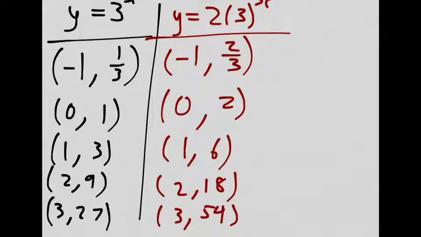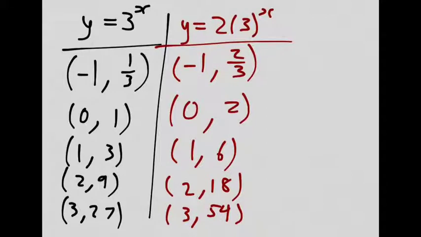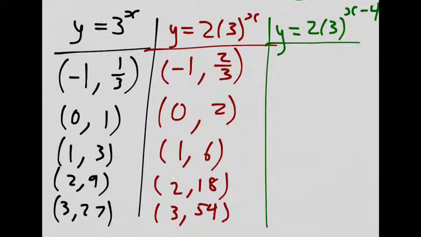So that's the first transformation. The other transformation that we had to do was a horizontal translation 4 units right. So now I'm taking these points that went through the first transformation and I'm going to transform those with this 4 units right transformation. So I bring -1, 2/3 4 units right. What does it become? 3, 2/3. The y coordinate stays the same.